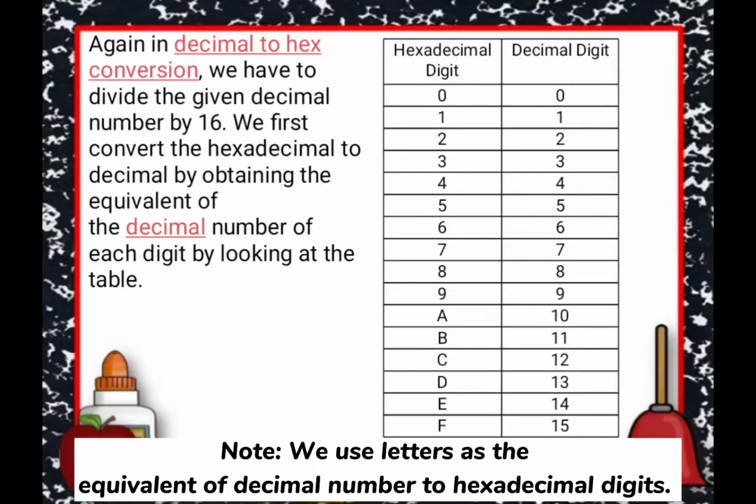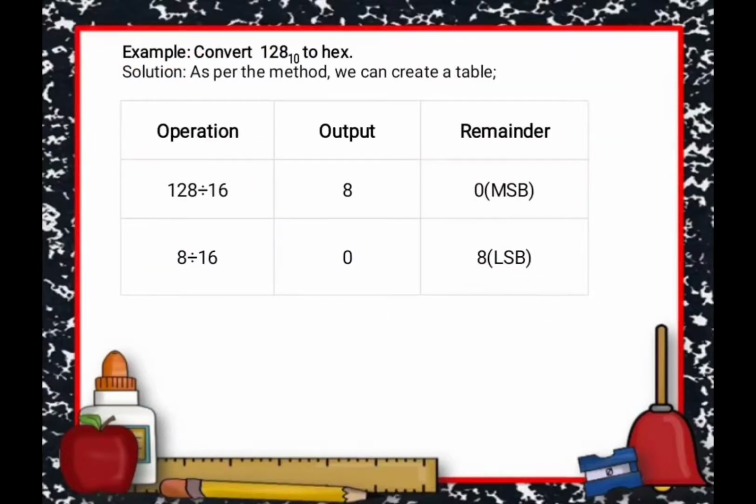As you can see in the table, if your remainder is more than 9, so we have 10, we use letter A. If your remainder is 11, we use letter B. If it's 12, letter C, 13 D, 14 E, and 15 F. Did you understand, class? Alright, very good. Now I'll give you an example.